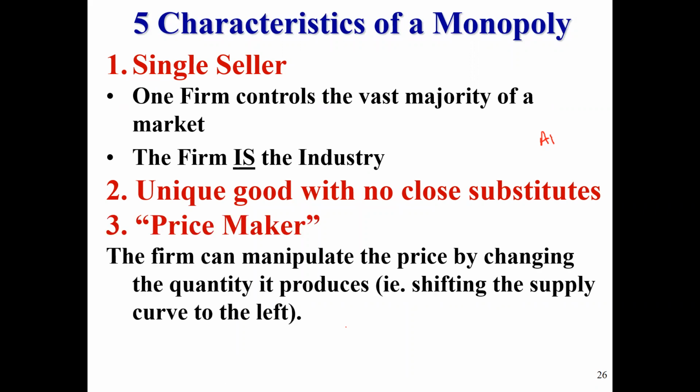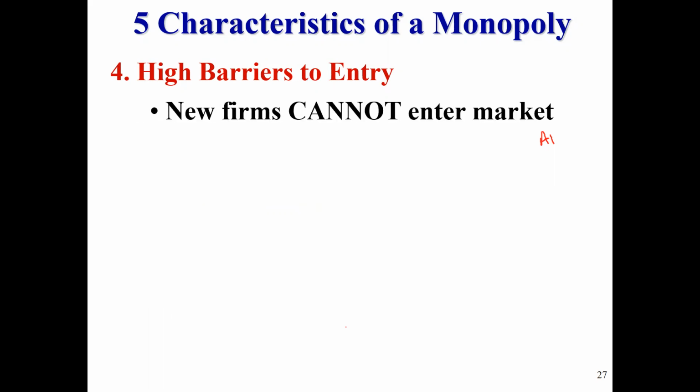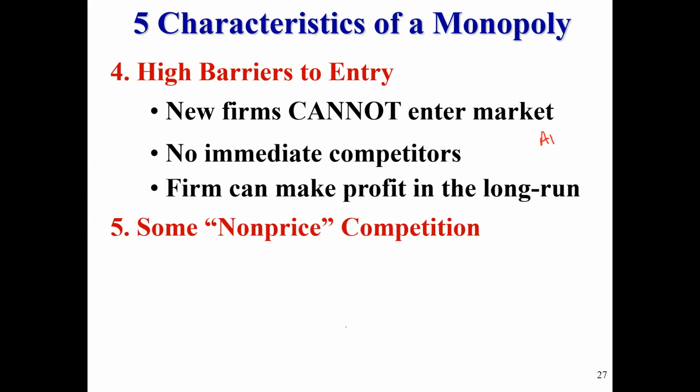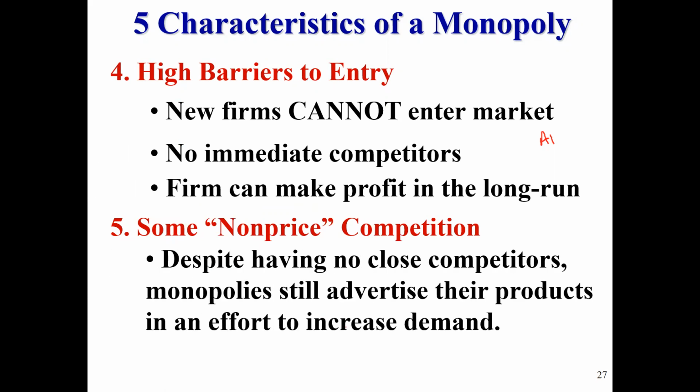That's why we go MC equals MR up to demand. High barriers to enter and exit. That means we're going to have profits in the long run. And then some non-price competition. All that means is advertising.